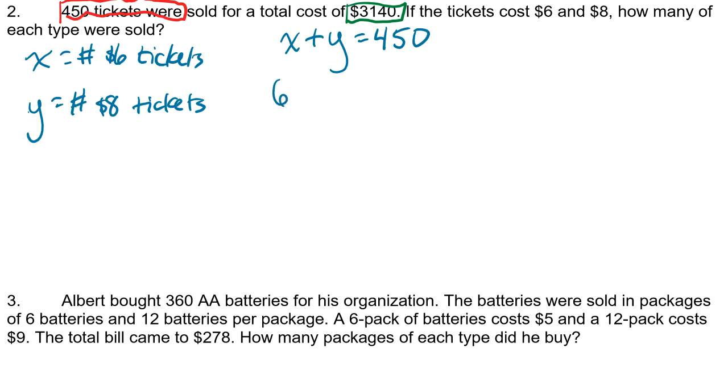So it's $6 times the number of those tickets that were sold, which is just X. Plus, Y was the $8 tickets, so $8 times the number of those that were sold, Y. That should equal our total cost of $3,140.